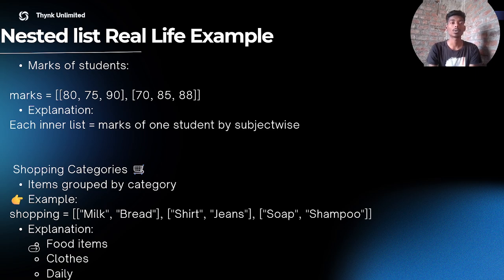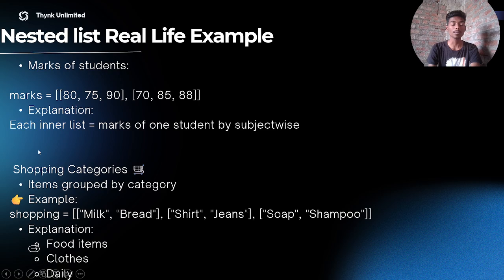Moving forward, a real life example of a nested list is the marks of students. To store the marks of students individually, we use a nested list. We have created one nested list named marks, and inside it the marks of two students are separated into lists. The first list is the marks of one student, and the second list is the marks of another student.